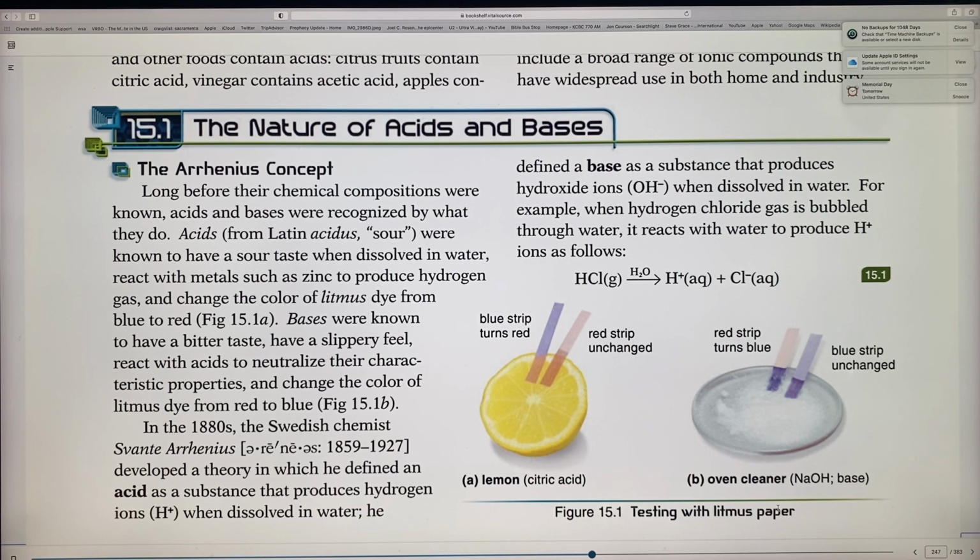Not all metals though. We'll see that later on. Also, the acid, of course, will change the litmus dye. What did we say? To red, from blue to red. Bases have this bitter taste, and they have a slippery feel. And they can neutralize acids, and they turn litmus paper, of course, we know, from red to blue. So those are going to be probably on your test to know that.